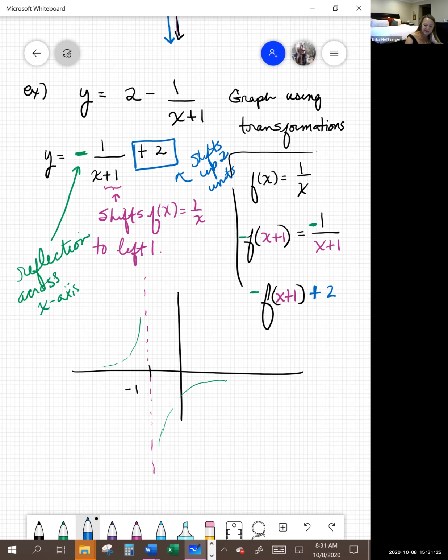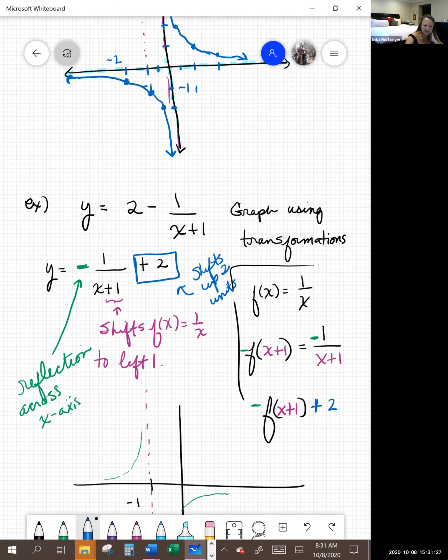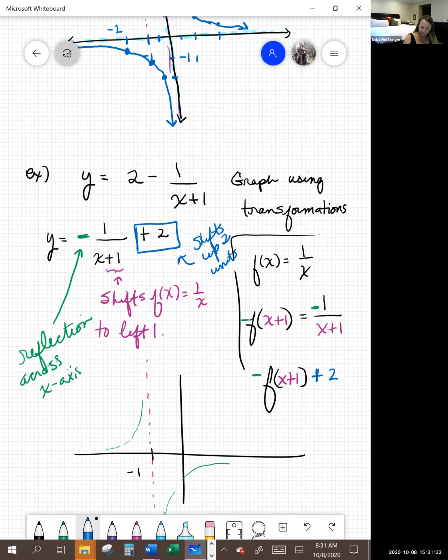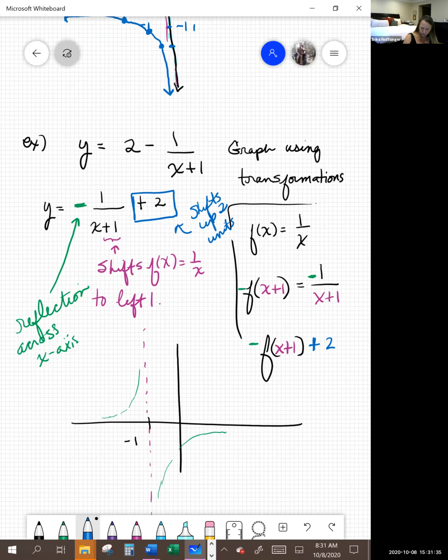So our horizontal asymptote that used to be the x-axis, shifting it up 2 units, is now right here.